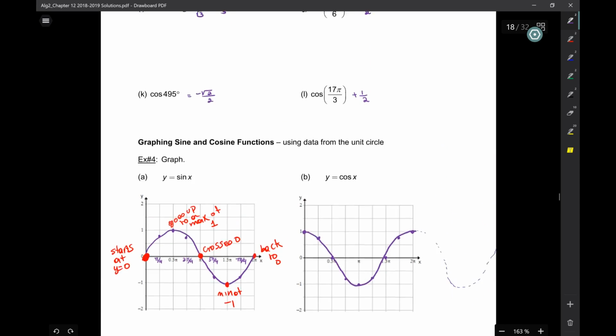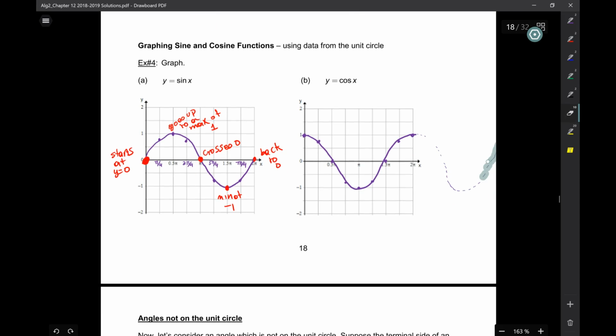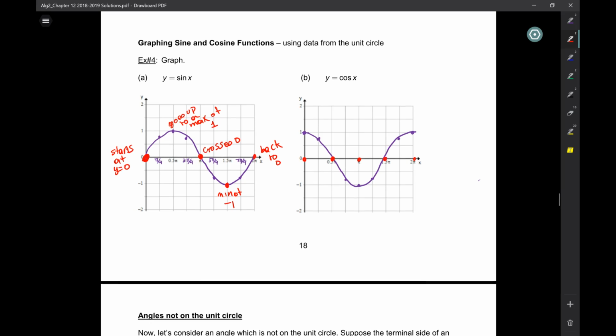So now we're going to look at our 5 critical points. And those are this, this, this, this, and this. So let's see what happens. The cosine starts at y equals what? 1.